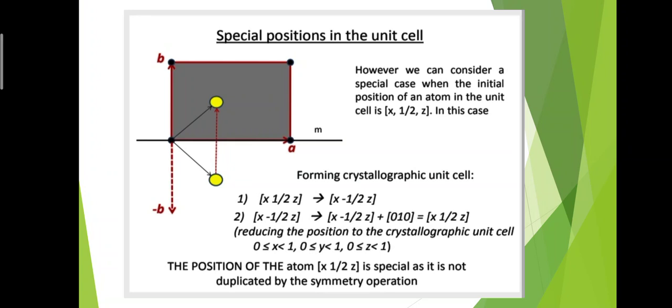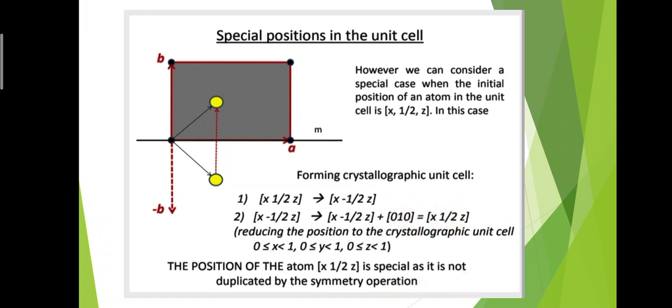Special positions in the unit cell. However, we can consider a special case when the initial position of an atom in the unit cell is x 1/2 z. In this case, forming the crystallographic unit cell x 1/2 z, x minus 1/2 z, and x minus 1/2 z plus 0, 1, 0 is equal to x 1/2 z.